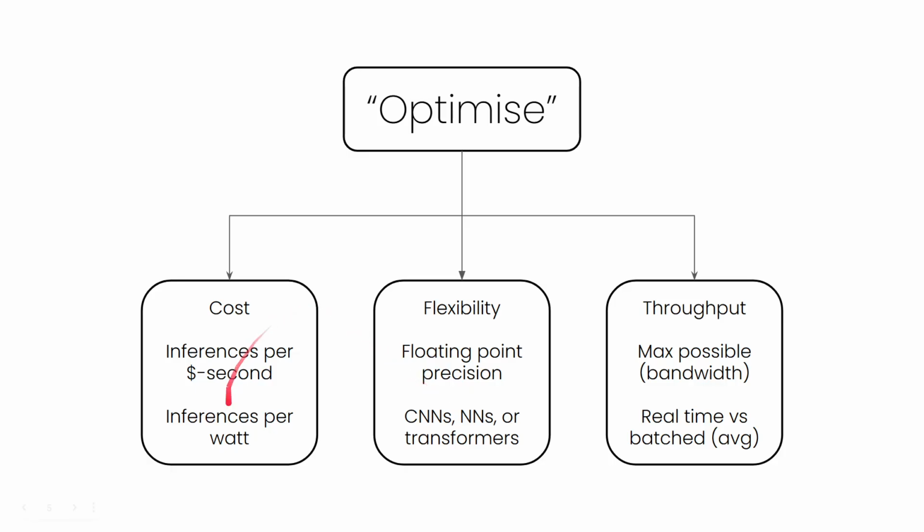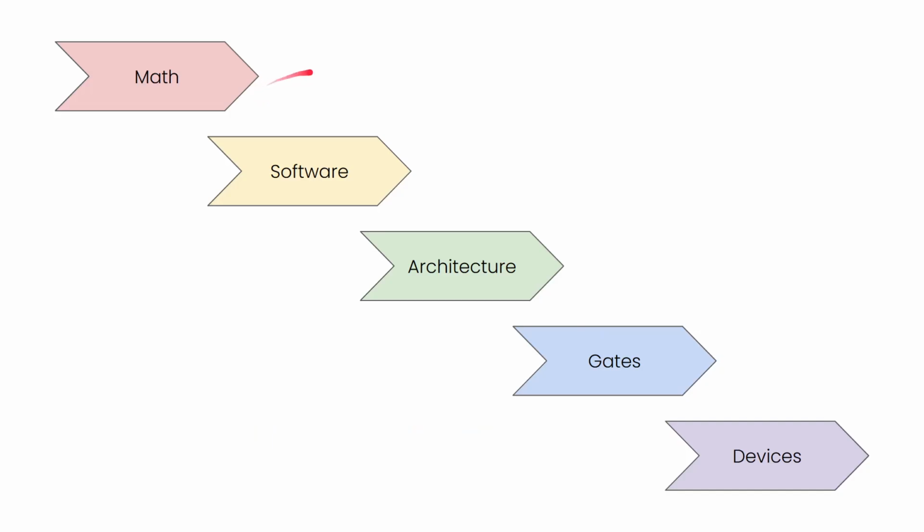Whatever change they make, it's going to help in some areas, it's going to hurt in some others. As we now move on to talking about some specific examples of changes we can make to improve our computer chips, you will think about: is this helping cost, hurting cost? Is this helping flexibility, hurting it? How does it affect throughput? And so on. So with that, let's move on into the examples.